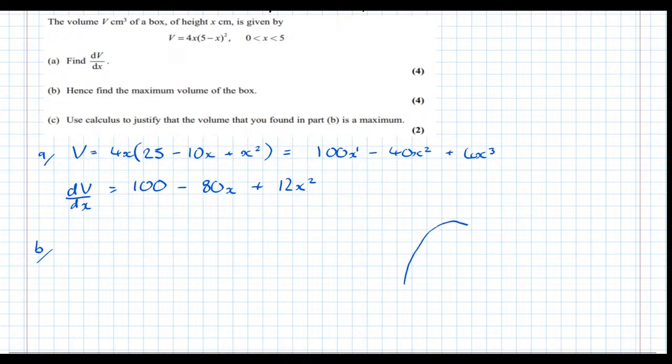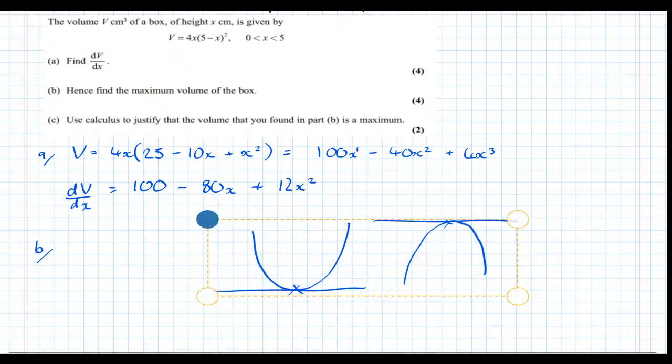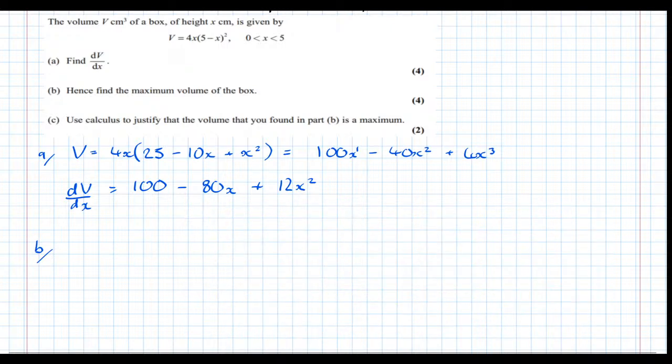The reason we do that is because in any curve, a maximum or minimum occurs when the gradient is 0, and dV by dx is the gradient. So we want where 100 minus 80x plus 12x squared equals 0.